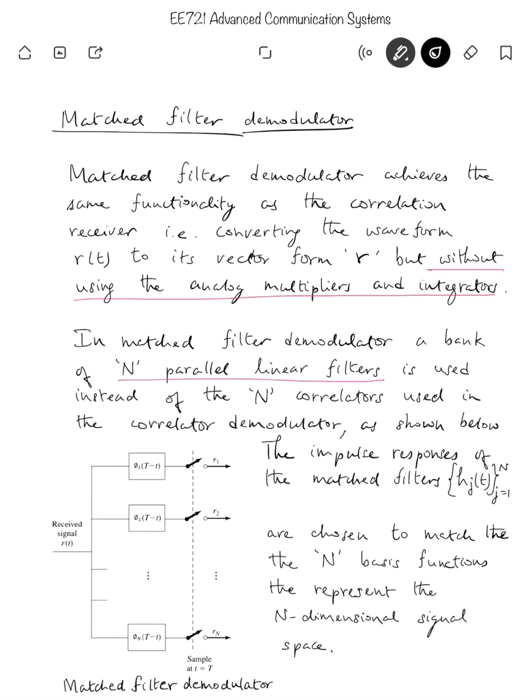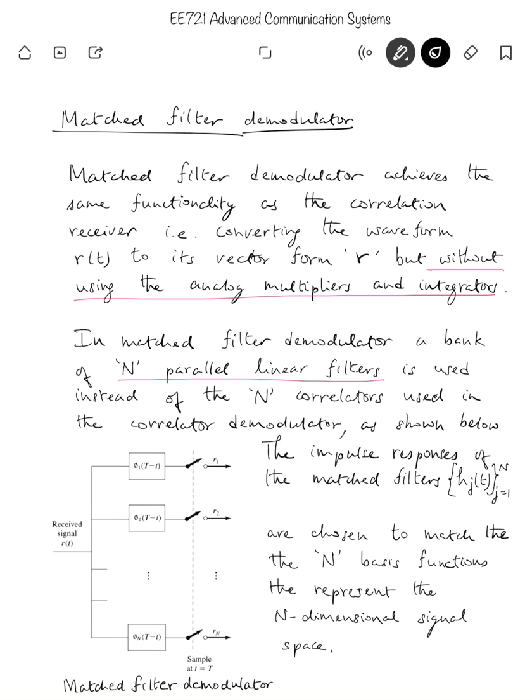Now these are the impulse responses of the linear filters used in each of these branches. So phi1 of capital T minus small t, and phi2 of capital T minus small t, all denote the impulse responses of the linear filters used in each of these branches.